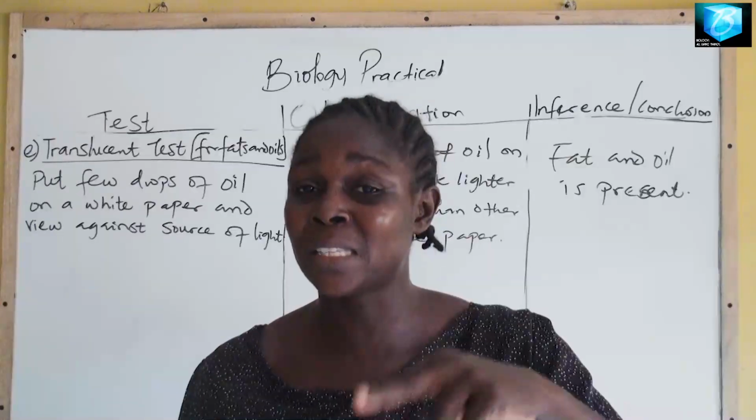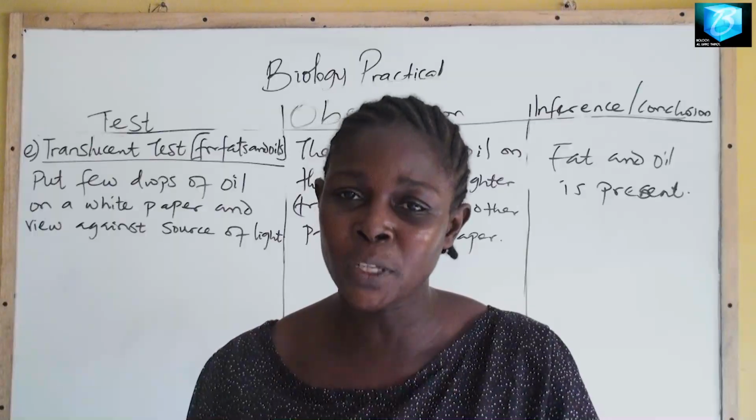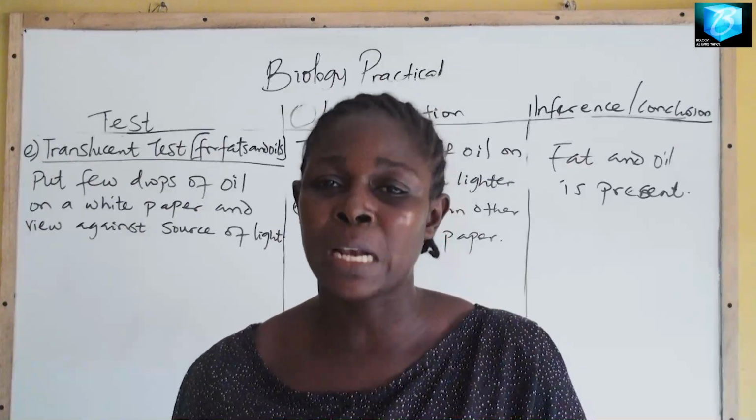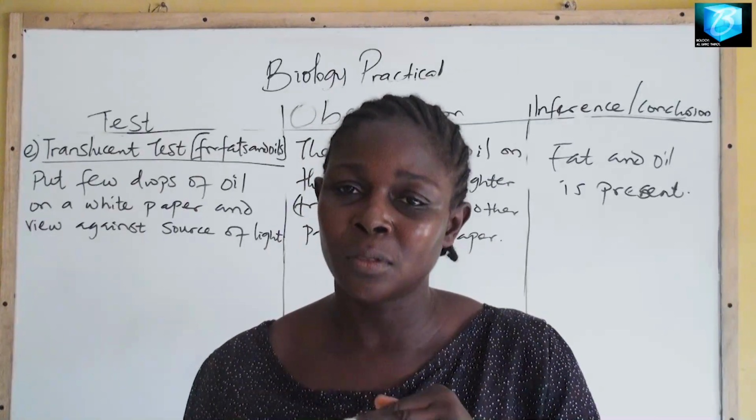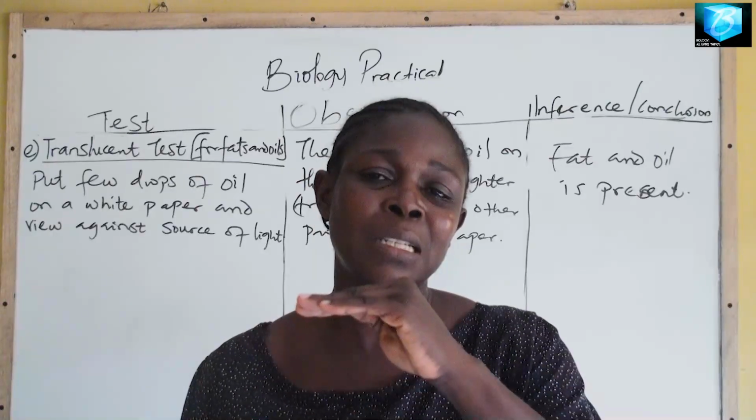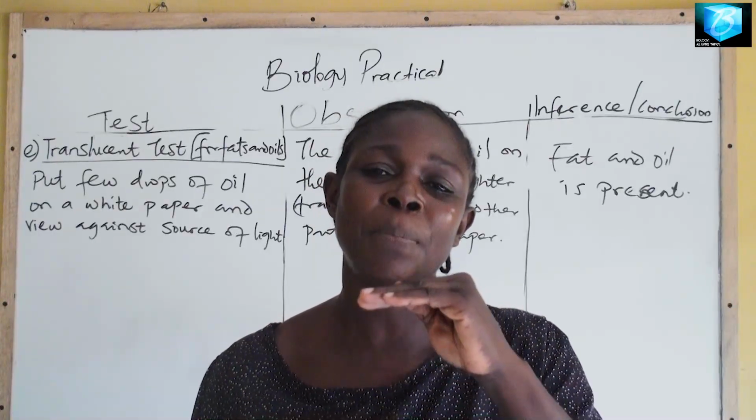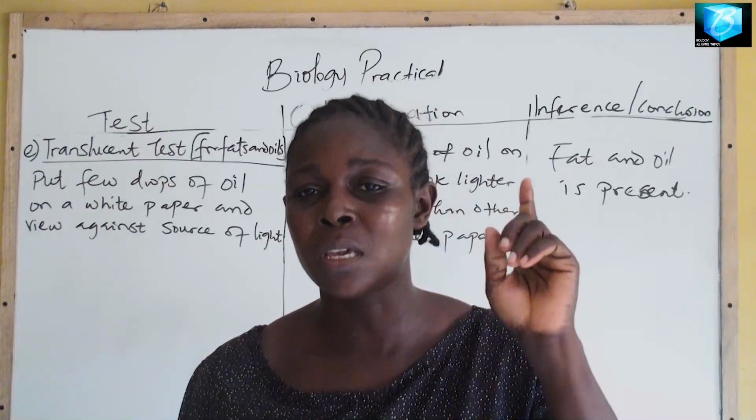You're going to have 3 layers of solution. The first one at the bottom, very clear, followed by reddish, and then at the top you're going to have the black, which is the oil.